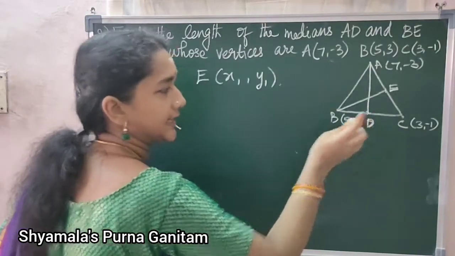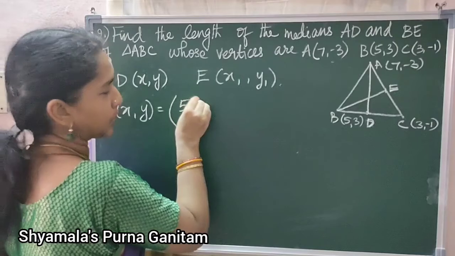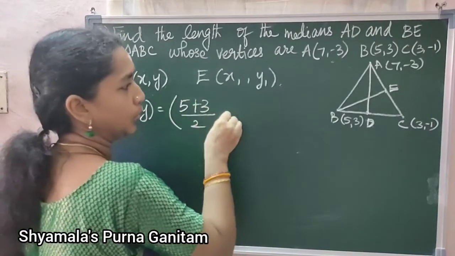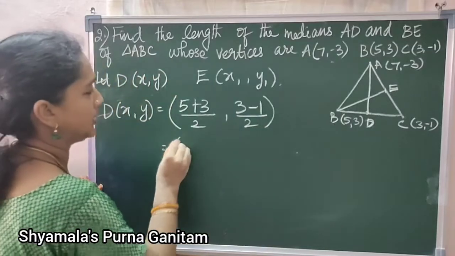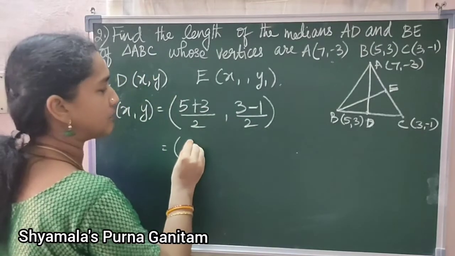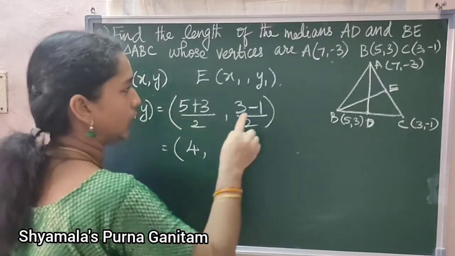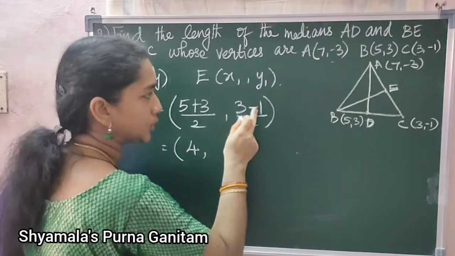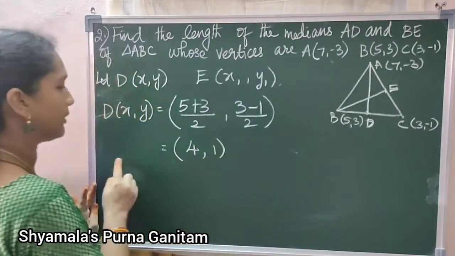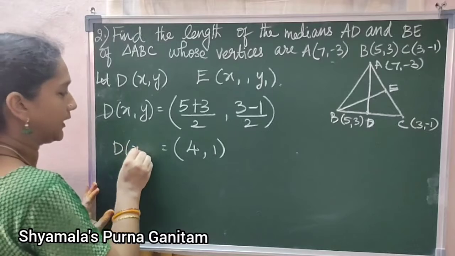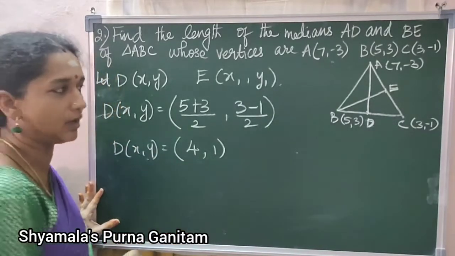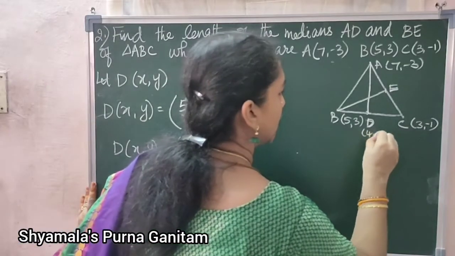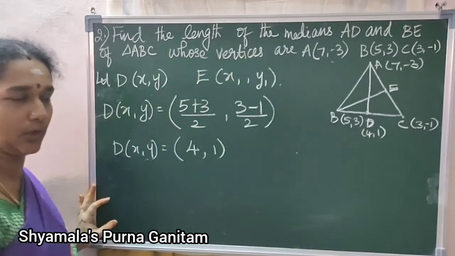For BC, D is the midpoint. So x1 plus x2 by 2 and y1 plus y2 by 2. So when you add 5 plus 3, 8 by 2, 8 by 2 is 4, and 3 minus 2 is 2, 2 by 2 is 1, so 4 comma 1. So for D, we got the midpoint as 4 comma 1.